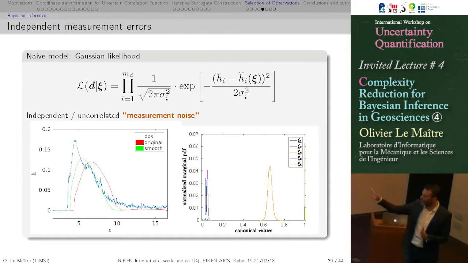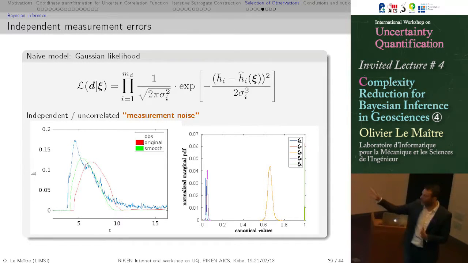I don't know if you can see it very well, but yes, it's a bit better, more satisfying. However, there is a problem, which is that the posterior distribution is completely tight. So we are extremely confident in the value of the parameters that we infer, although we are very far. That's the first point. So we are overconfident.